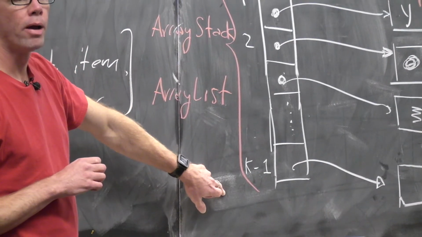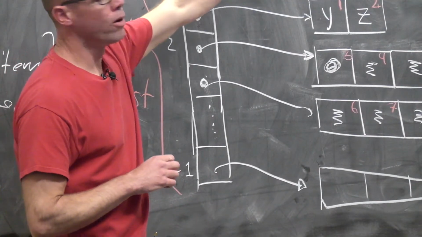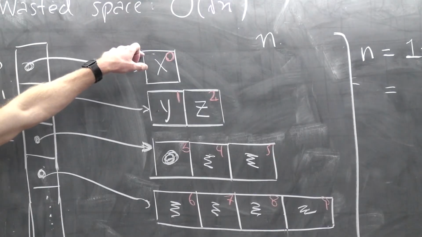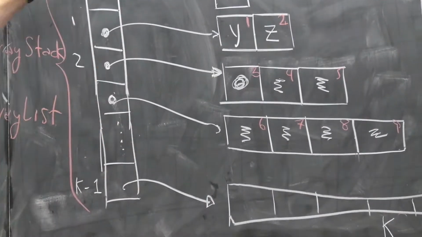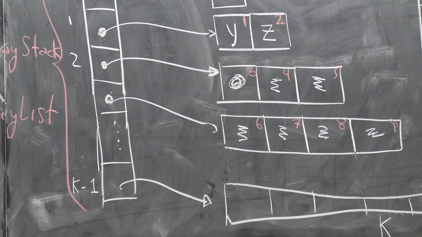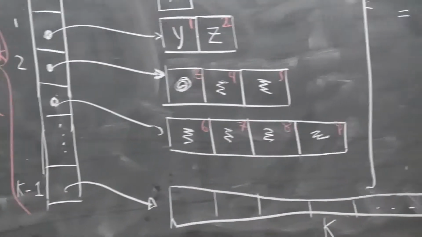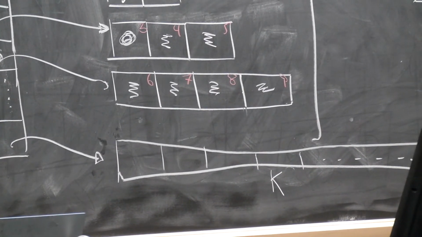Yeah? Should the last array have k elements? Well, these arrays are indexed 0 through k minus 1, but the 0th one has 1 element, and the 1th one has 2 elements. So their sizes are 1 through k. Their indices are 0 through k minus 1. Yes, so the last one should have k elements. So why is it k minus 1?